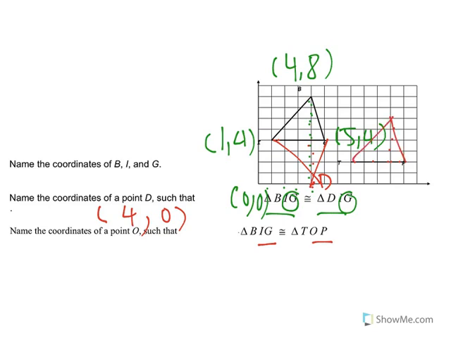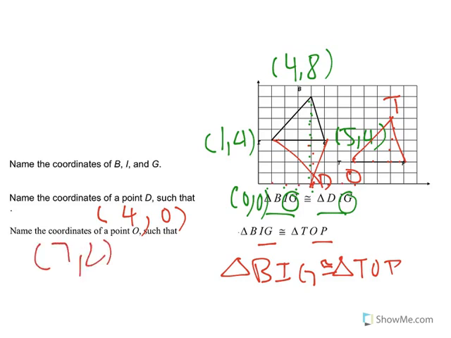Instead of T here, this is our O and that's our T. So triangle BIG is congruent to triangle TOP. The coordinate for O would be 7, 2.